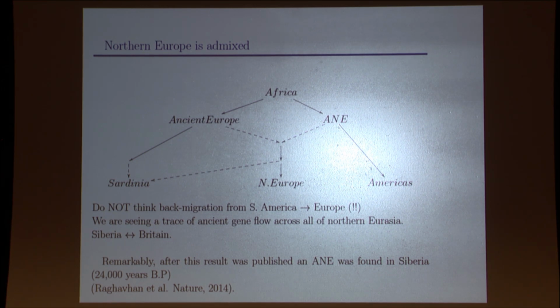We call these the ancient North Eurasians. And two things happen. The ancient North Eurasians, or some of them, cross the Bering Straits and go into the Americas, eventually with the Karitiana as a descendant population.